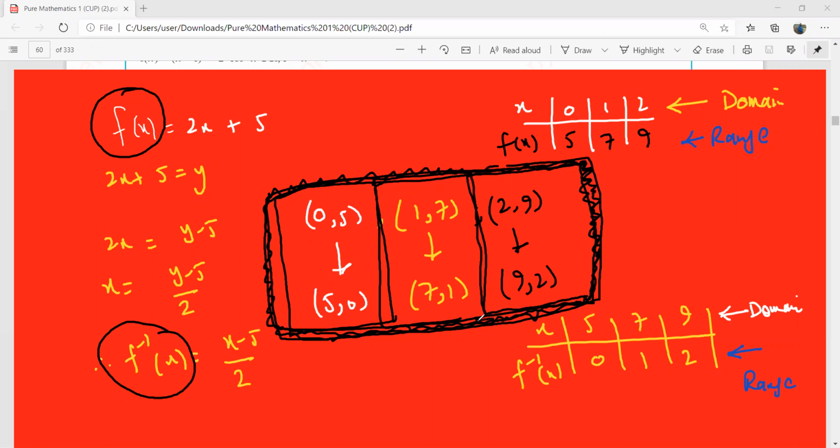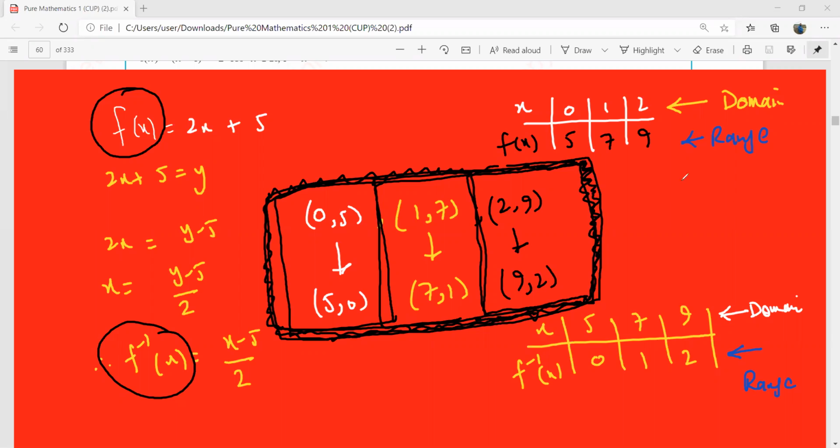I'll give you a hint: it should be something related to your O-level mathematics. The reflection has happened. Very good. Reflection where? When you say reflection, you have y is equal to x. Exactly. This is the reflection in y equal to x.